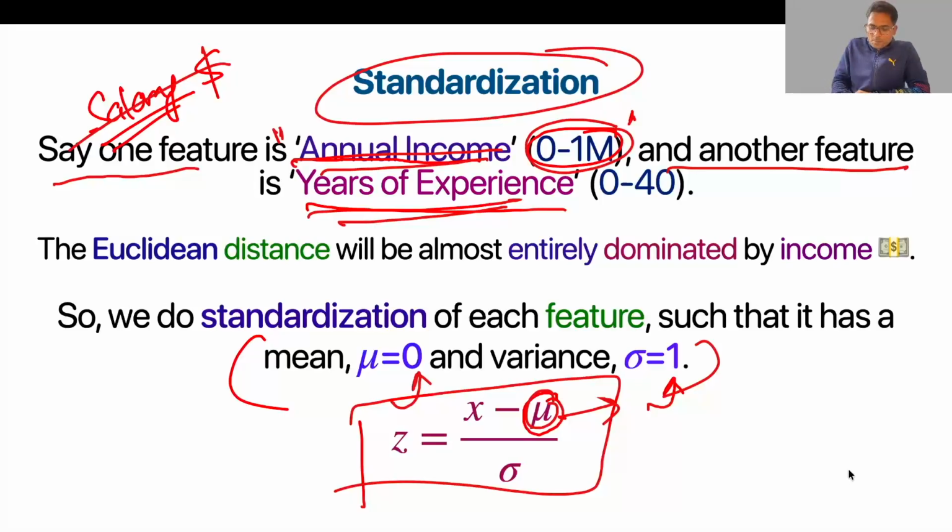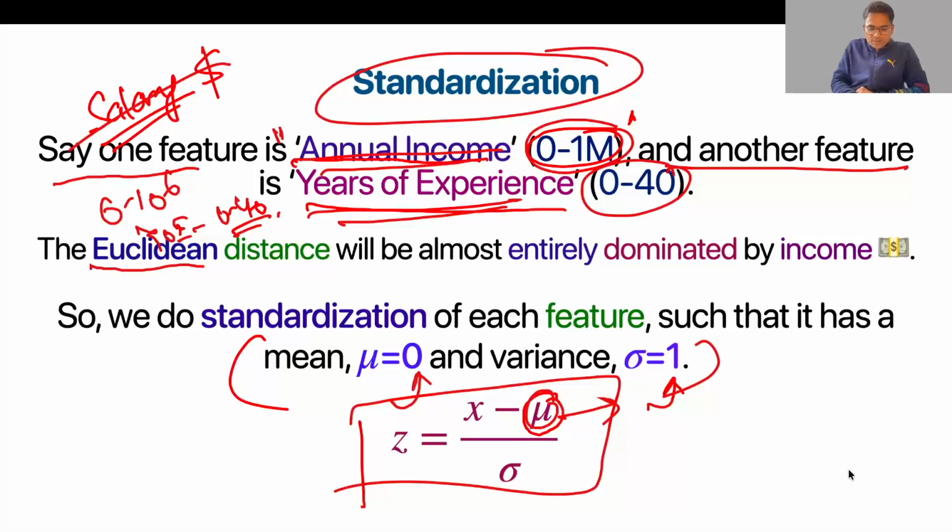If you see the range, annual income is 0 to 10 to the power 6, and years of experience is 0 to 40 years only. So the range of values these two input features are taking is quite different. They are of different scale itself.